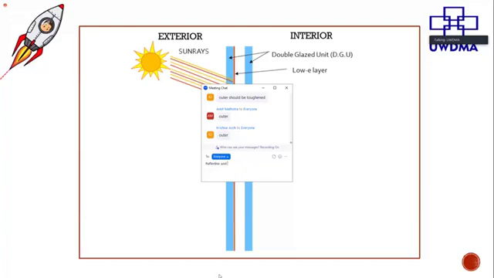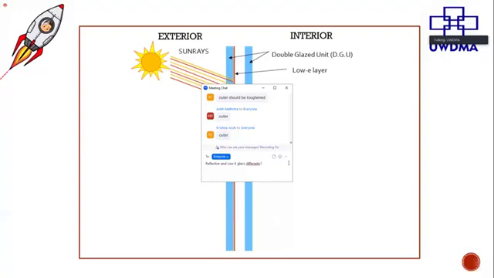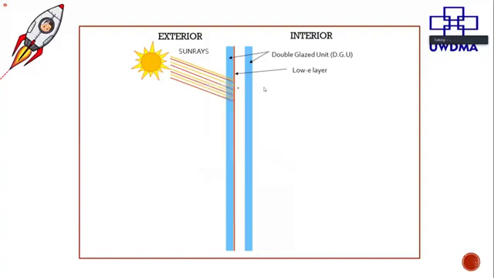These are the rays responsible for heat. The heat which we feel is because of infrared rays. In fact, heaters and equipment which give heat are radiating infrared rays. So from heaters and all, we get infrared rays.